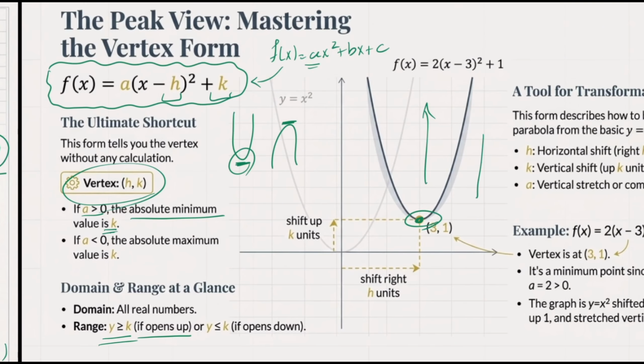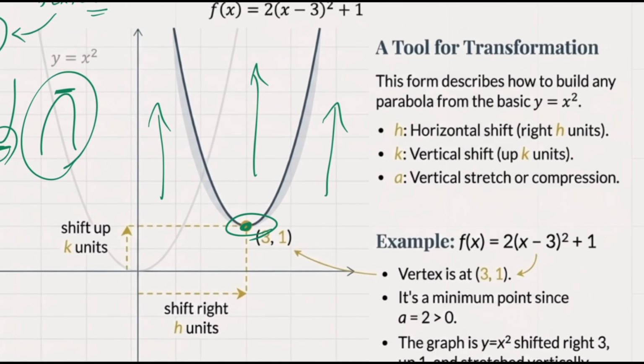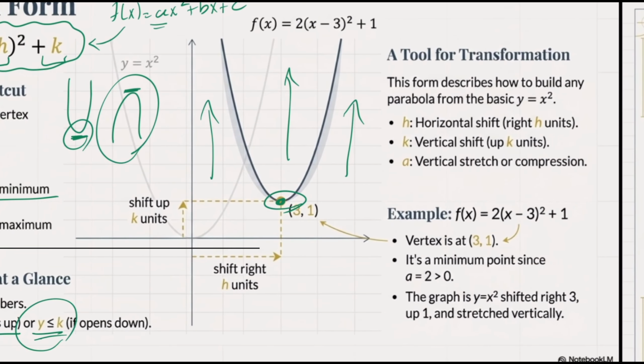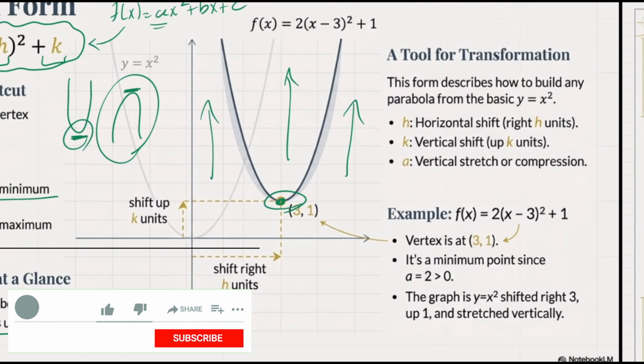Whatever value bigger than this one is going to be considered my range. On the other hand, if it opens down, like this, the values are going to be k and smaller than that. That's why at this point we call k the absolute minimum, and we call k the absolute maximum itself. So we have a tool that we can use to convert our work to the thing that we want.